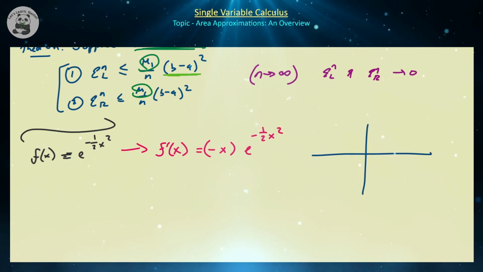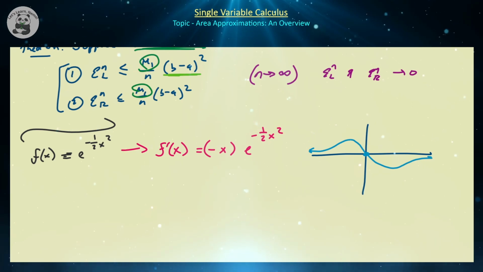Let's look at the graph of what this looks like. The derivative of this interesting little bell-shaped curve is going to look like this, where y equals 0 is a horizontal asymptote with the origin being an x-intercept. So we have this type of pattern.